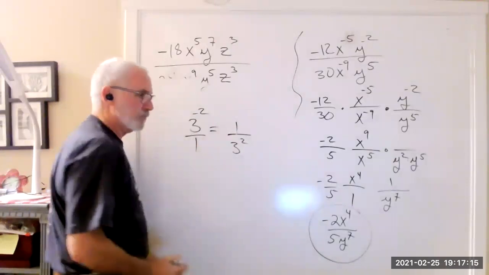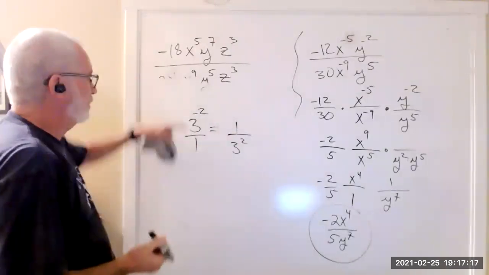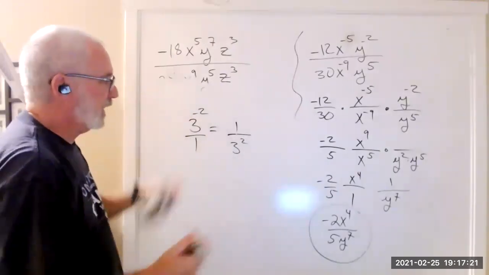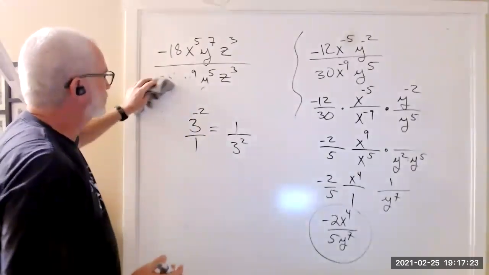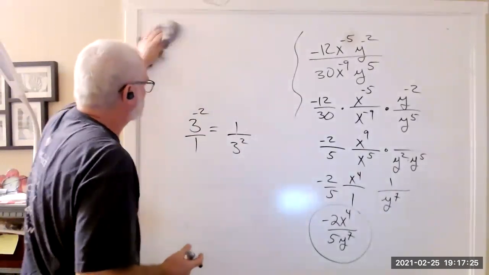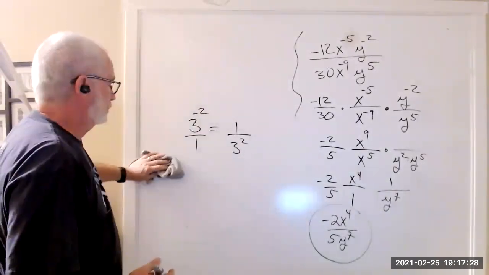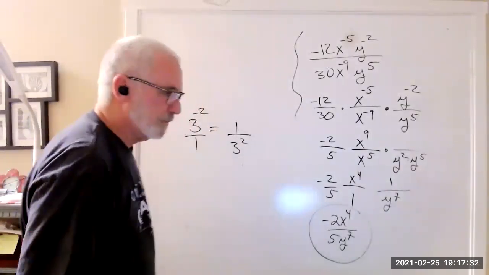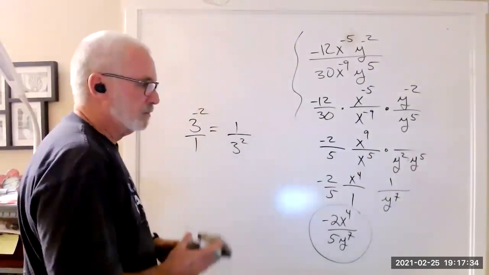But it's because of the negative power that it flips, not anything else. Does it matter where the negative is on the answer, like before the numerator or the line? No, it doesn't matter.